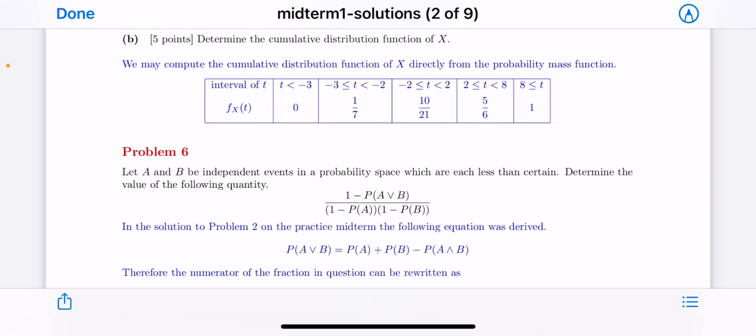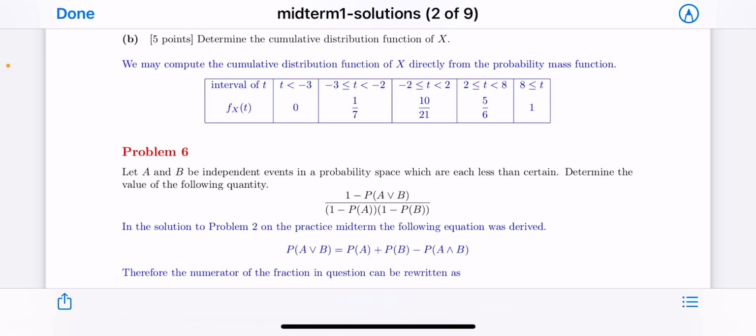So first of all, let's try to think why this equation is helpful in the question. It's helpful because independence tells us something about the probability of a conjunction.